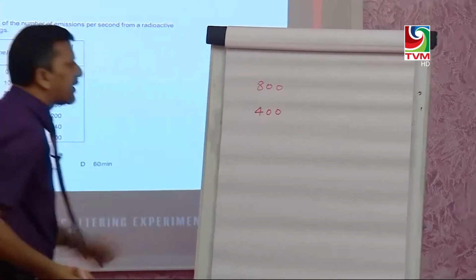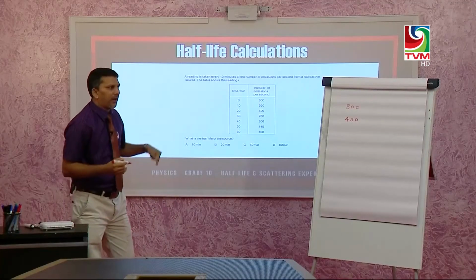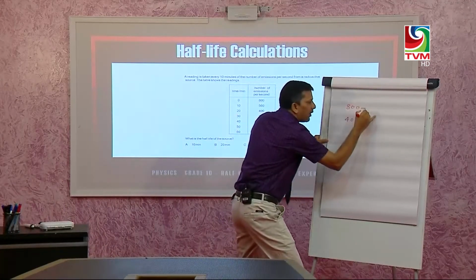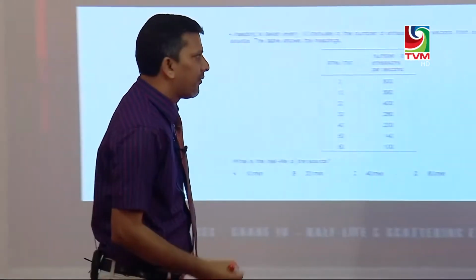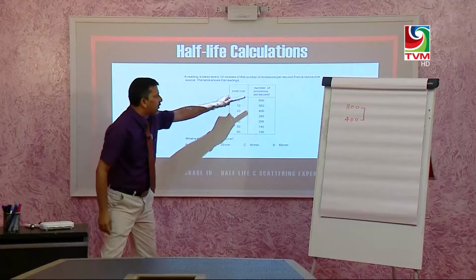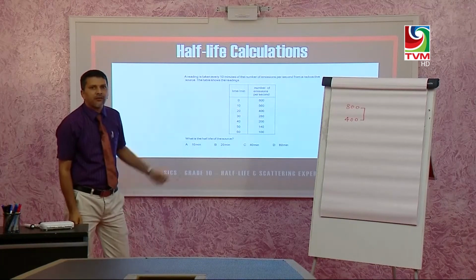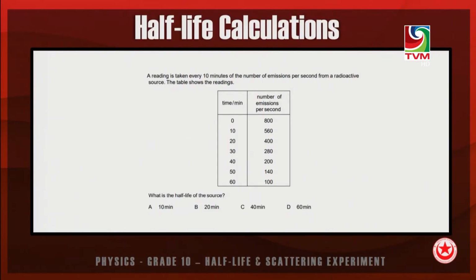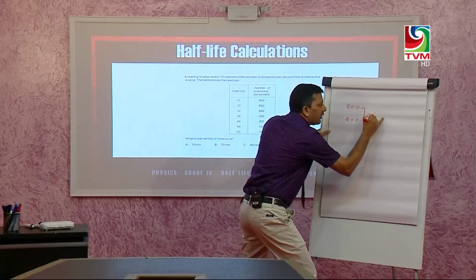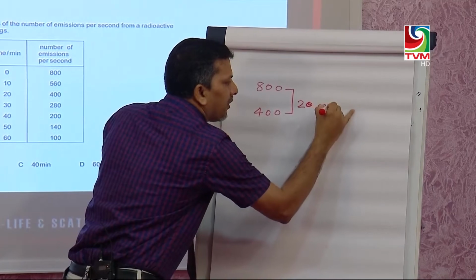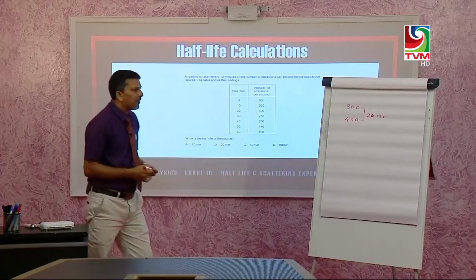To go from 800 to 400, how much time is taken? From this information, you will see 800 to 400 takes 20 minutes. So the half-life, I can write here, is 20 minutes. Again, one more time we can check.